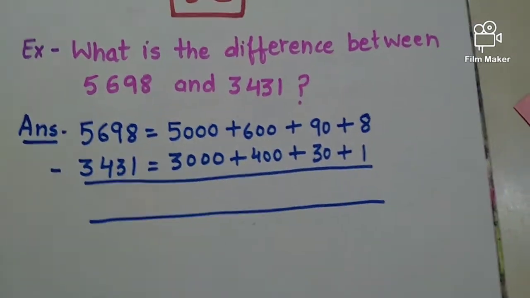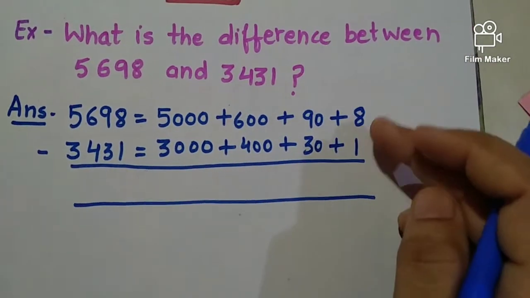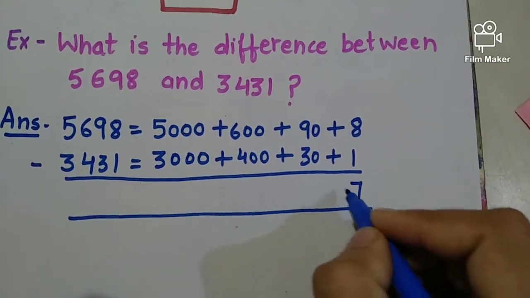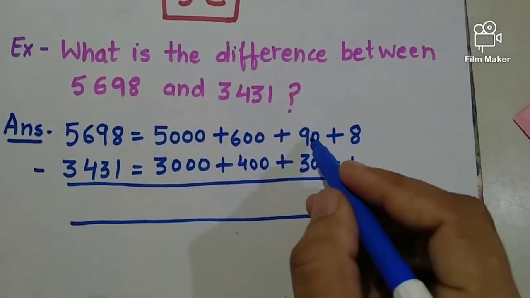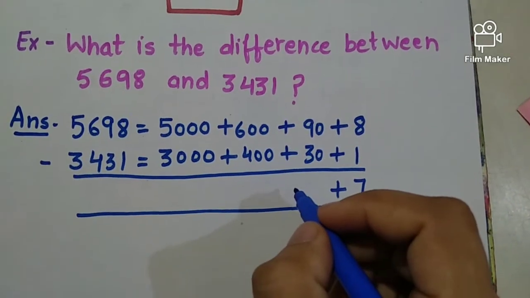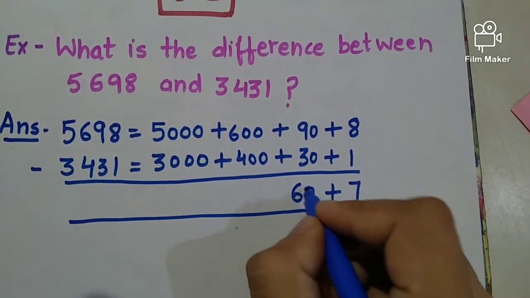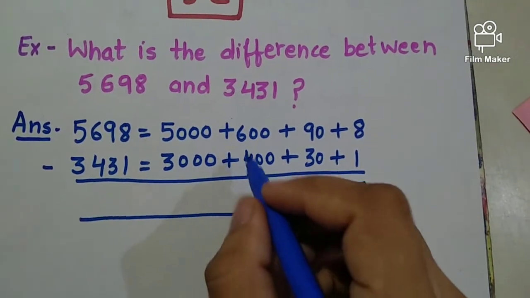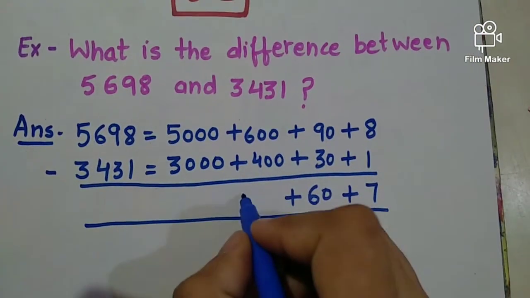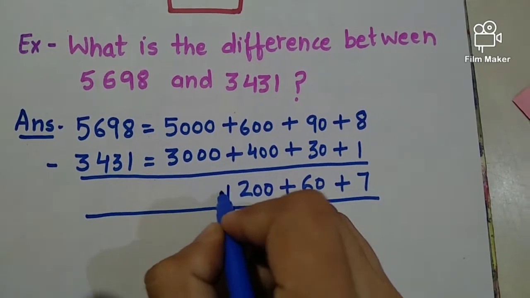Now let's start from the ones place. 8 minus 1 we get 7. Sign plus. Yes. 90 minus 30, what do we get? 60. Yes. So here 600 minus 400, what do we get? 200. Yes.